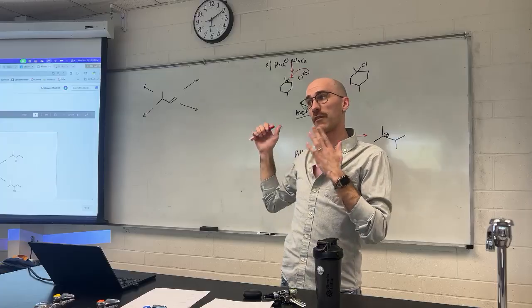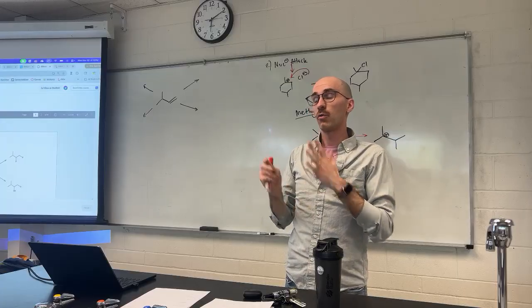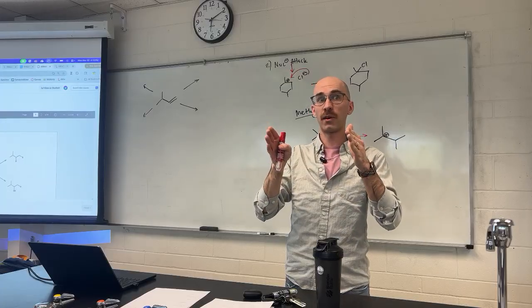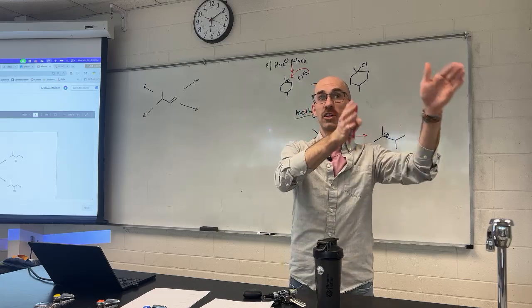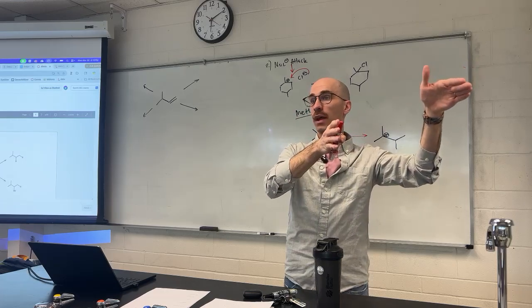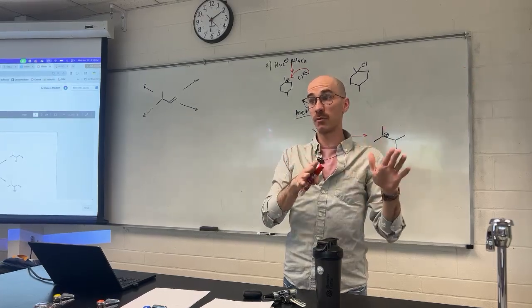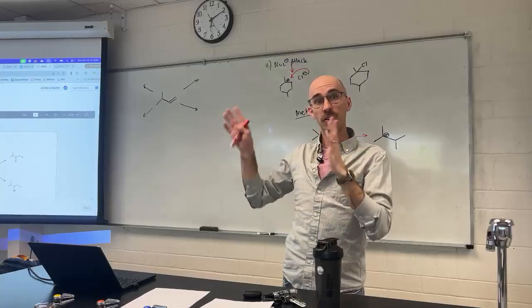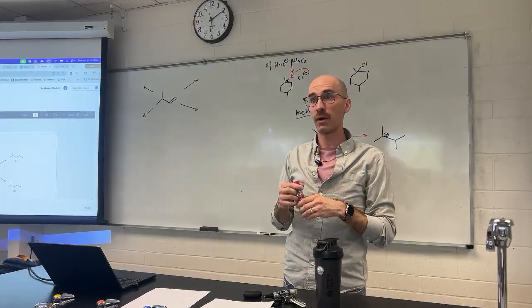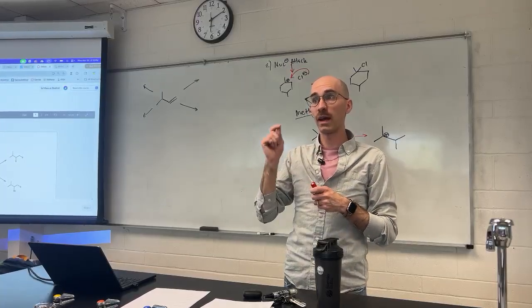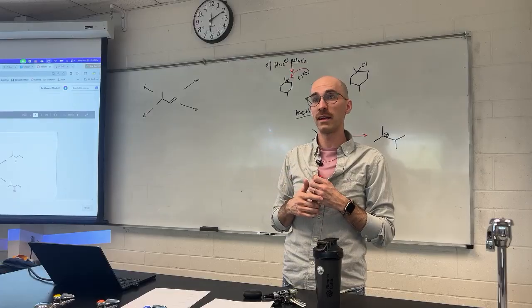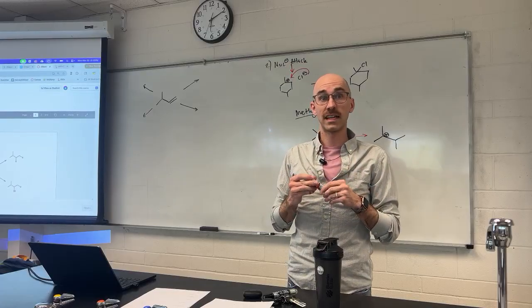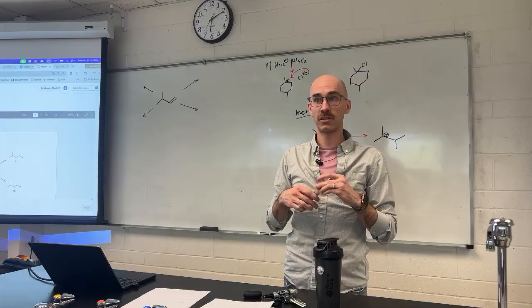I also have given you an alkene which forms a more substituted carbocation that can undergo carbocation rearrangement. So when carbocation rearrangement is possible, you will see carbocation rearrangement. I want you to be aware of when it is possible and when it is not, because that changes the mechanism that you should expect to show.